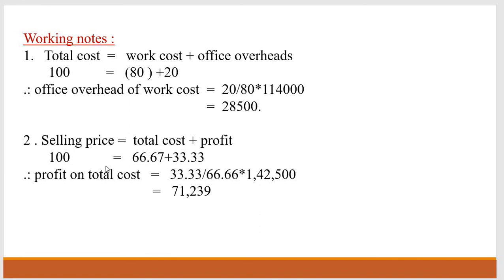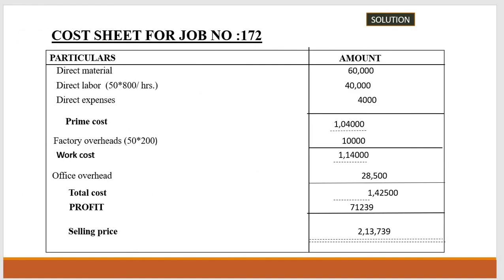Profit on total cost is 33.33 divided by 66.67 into 1,42,500, that is equal to 71,239. That is the profit. Okay, this is the answer. Thank you, students.